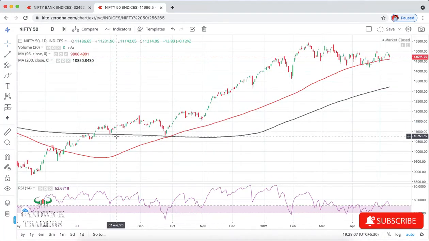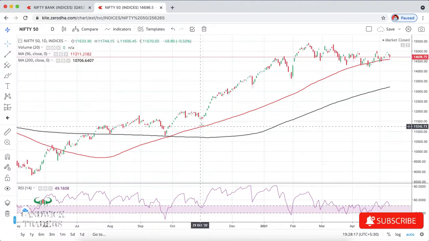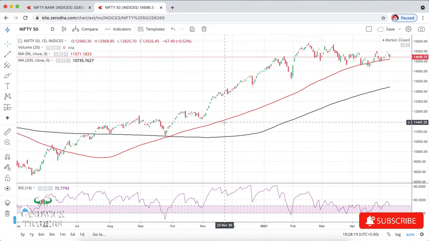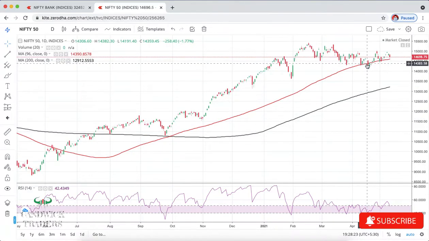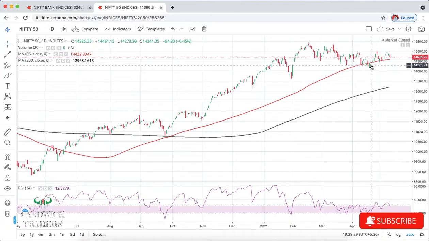The 200 moving average is our entry, and the second condition is that RSI should be above 50. The 96 would be our stop loss or exit point. Whenever the price closes, not crosses, closes below the 96, we should exit from the trade.